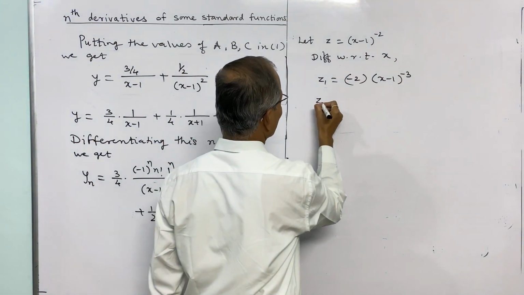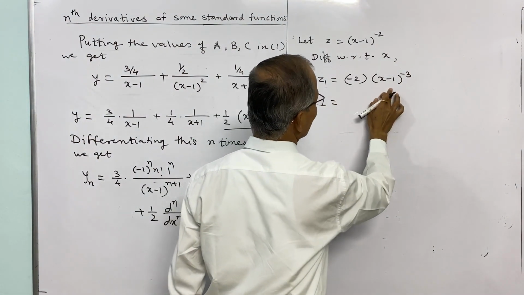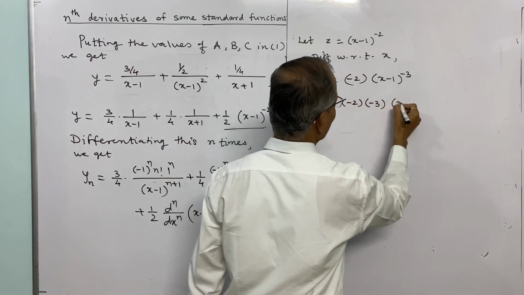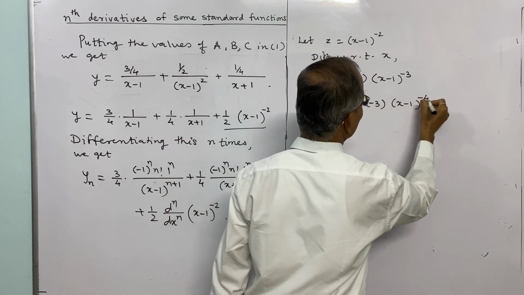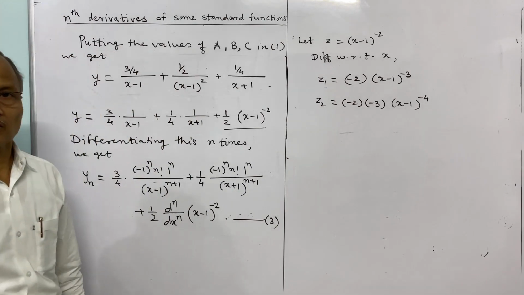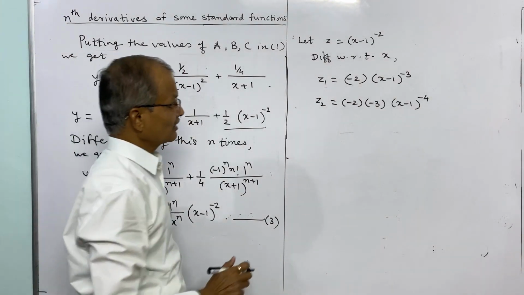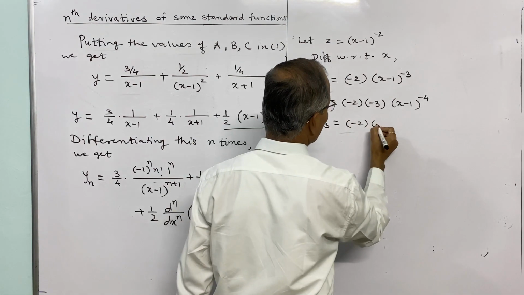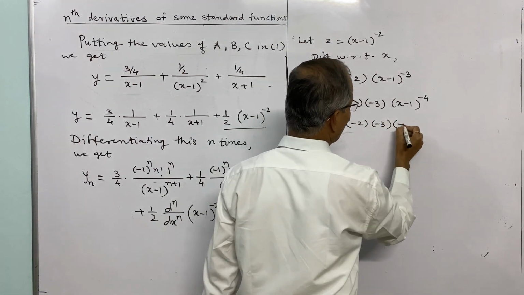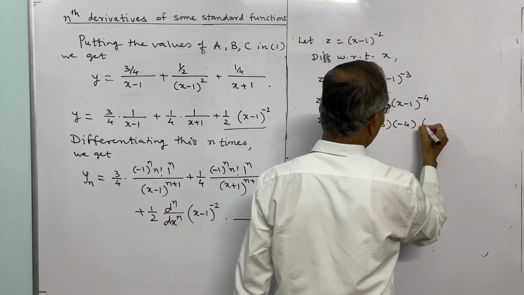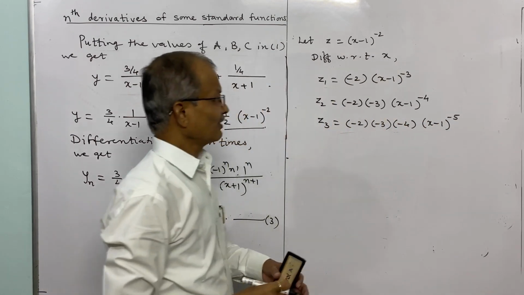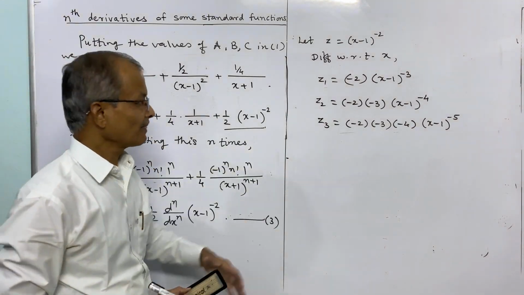So what will be z2? z2 is again differentiating this, that is minus 2 times minus 3 times (x minus 1) to the power minus 4, and z3 will be minus 2, minus 3, minus 4, and (x minus 1) to the power minus 5. Likewise, so what will be zn, and so on.